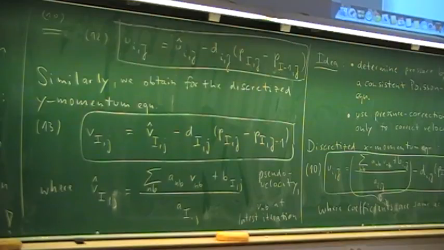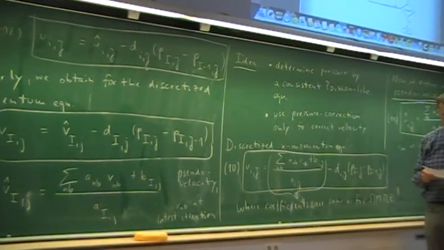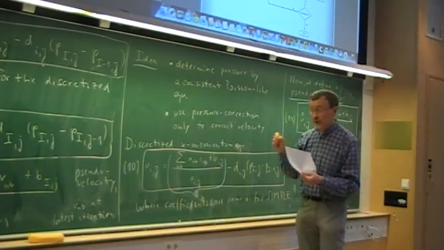And then we insert these relations, 12 and 13, into the continuity equation to get a Poisson-like equation for the pressure itself.